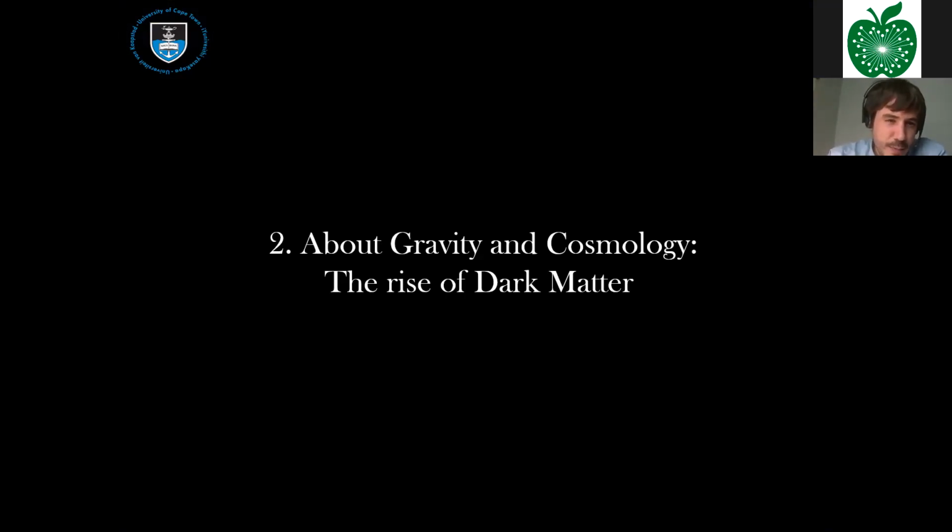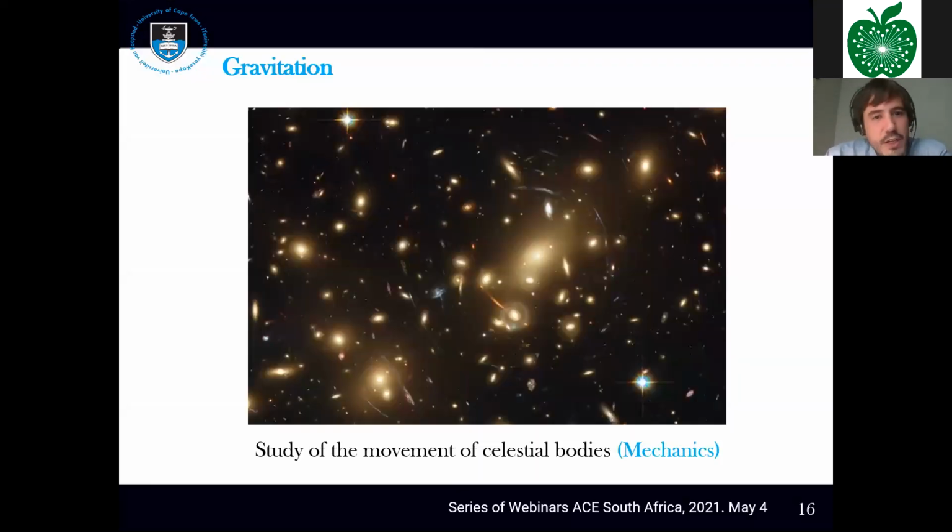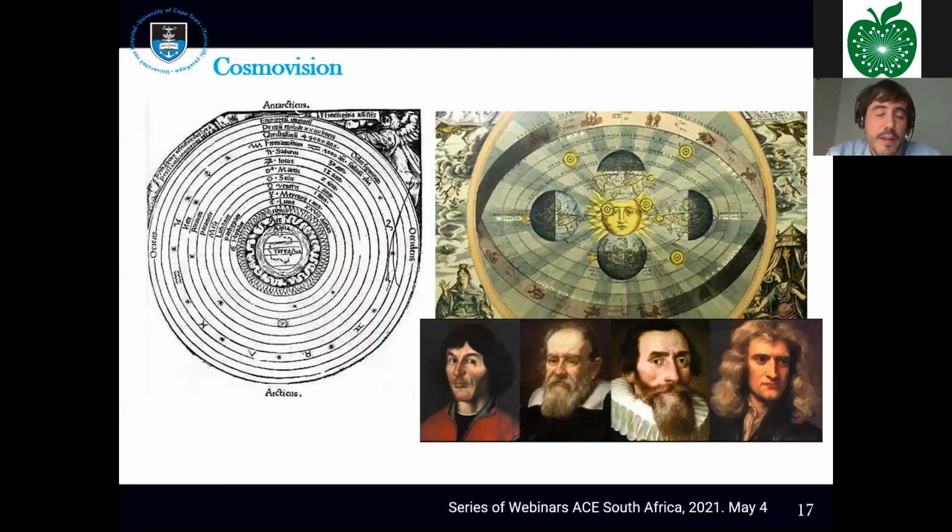Let me just speak here about gravity and cosmology and how the concept of dark matter emerged from these two theories. As I told you, gravitation is the study of the movement of celestial bodies and also the cause of this movement, okay? Remember that gravitation is a subfield inside mechanics.